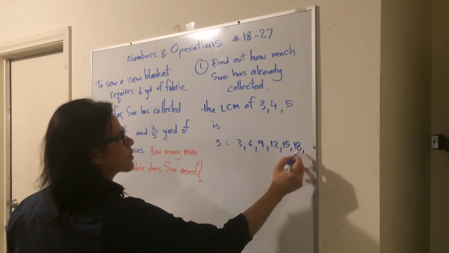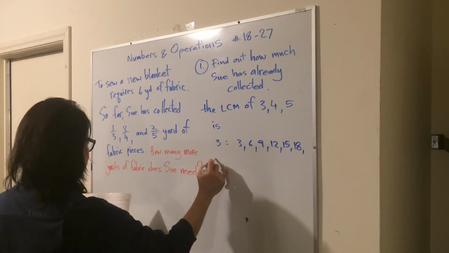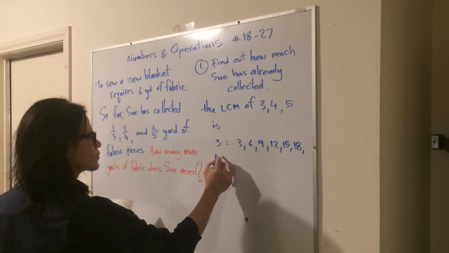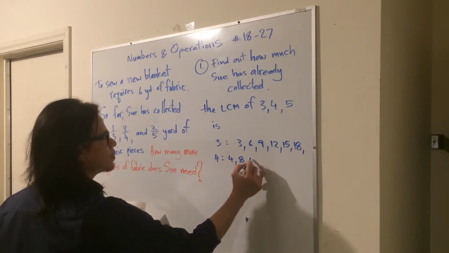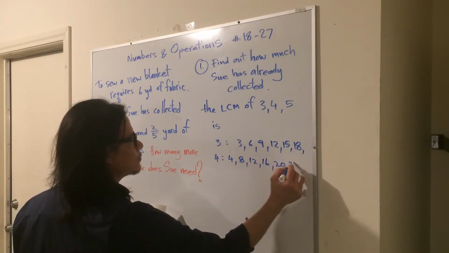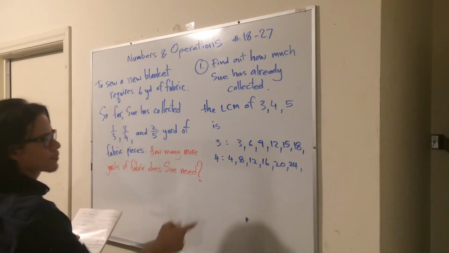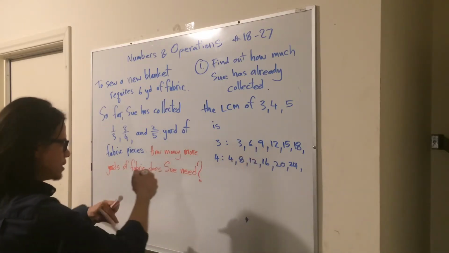The multiples of 4 are 4, 8, 12, 16, 20, 24. So far, 12 is the least, right?